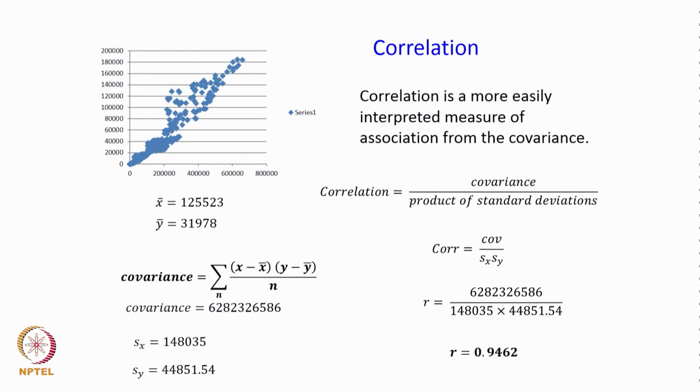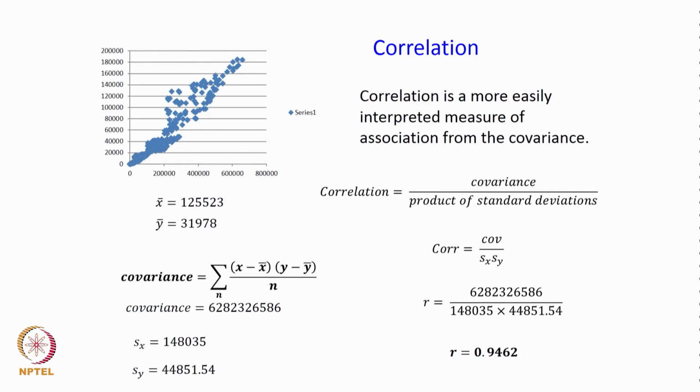So, for the first set of data, x bar is 1 2 5 5 2 3, y bar is 3 1 9 7 8, covariance is 6 2 8 2 3 2 6 5 8 6. And then we calculate the standard deviation of x, which is Sx, 148035, and Sy is 44851.54. So, the standard deviations of x and y are also shown here.